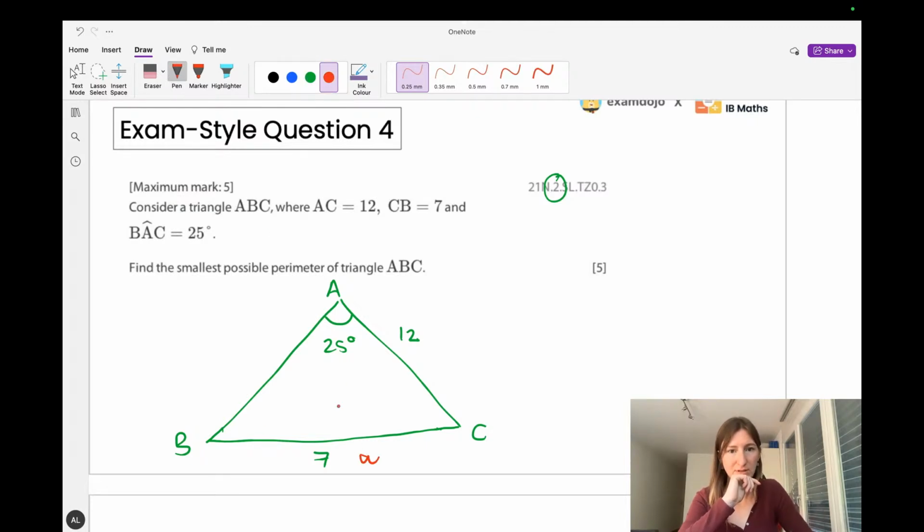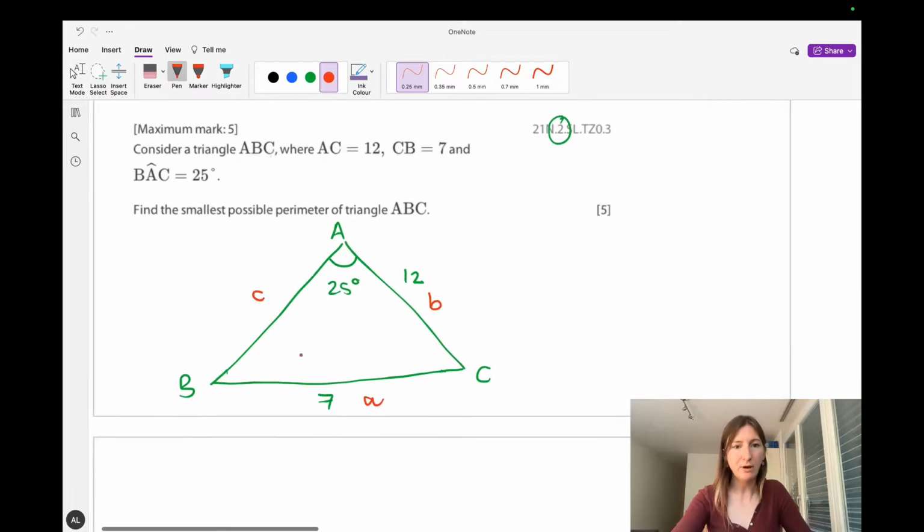Side A, side B, and C. Okay, we have here 2 opposite sides. We could find an angle here, but they're wanting me to find a perimeter. So with a perimeter, we're not going to need an angle for that, are we?